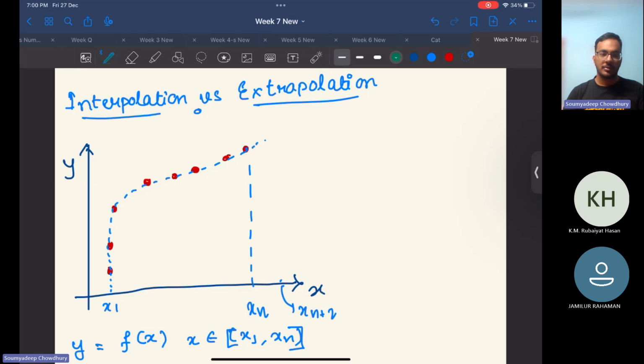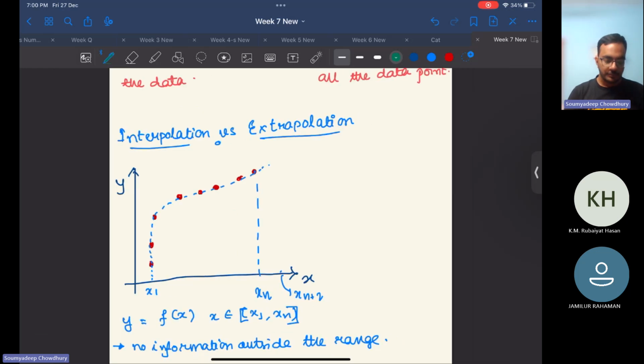If you give any value greater than xn or less than x1, your curve is not responsible for giving you that value of y. As I told, this curve is valid only within the range of the independent variable, x1 to xn, and there is no information of the curve outside this range.